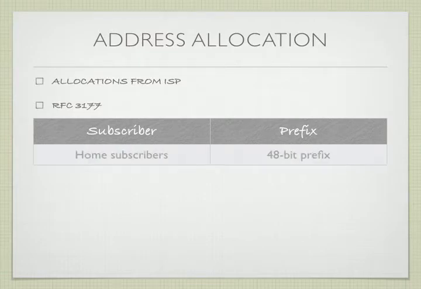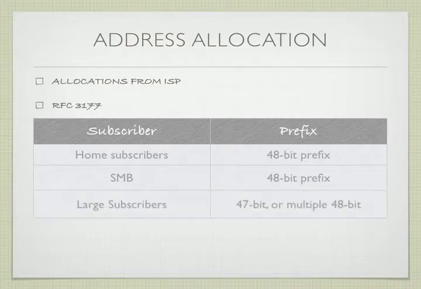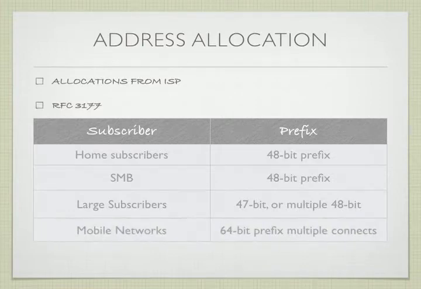If you're a home user, they are to use a 48-bit prefix for home subscribers. If you're a small, medium-sized business or enterprise, they will also be assigning address space in 48-bit prefixes. If you're a large subscriber, they can go to 47-bit if you require that many addresses. And mobile networks are put on 64-bit prefixes.